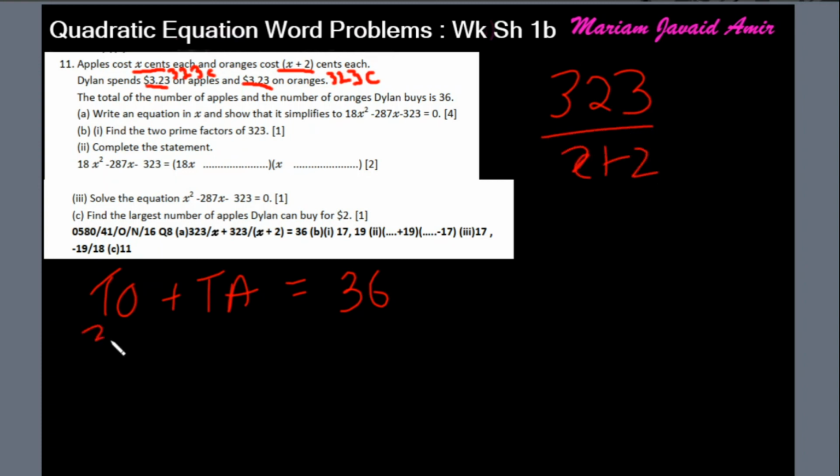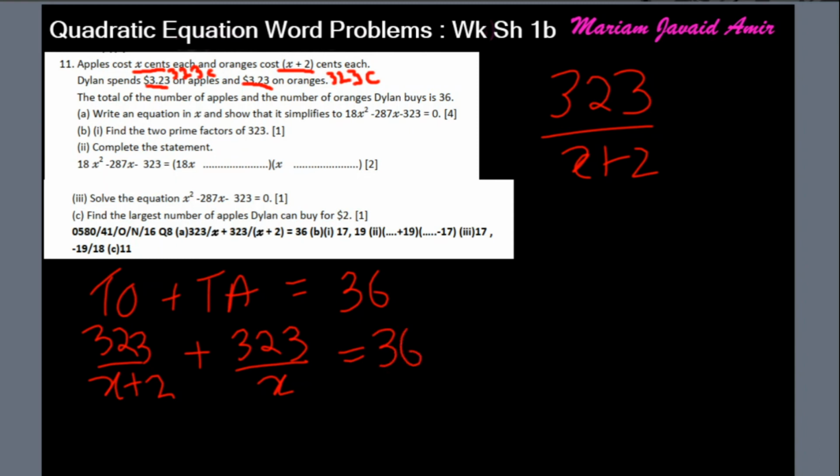So we'll write 323 over x plus 2 for total oranges he bought, and for total apples we'll similarly do 323 over x equals 36. And now simply take LCM, cross multiply, and you should get the answer.